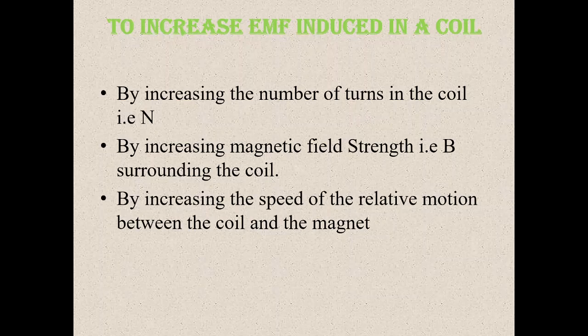It shows the EMF induced, and when it comes out, the voltage decreases. So if the speed of introducing that magnet in the coil is increased, then also we can increase the EMF that is induced in the coil. So these are the 3 points. By using these 3 points, we can increase the EMF that will be induced in a coil.